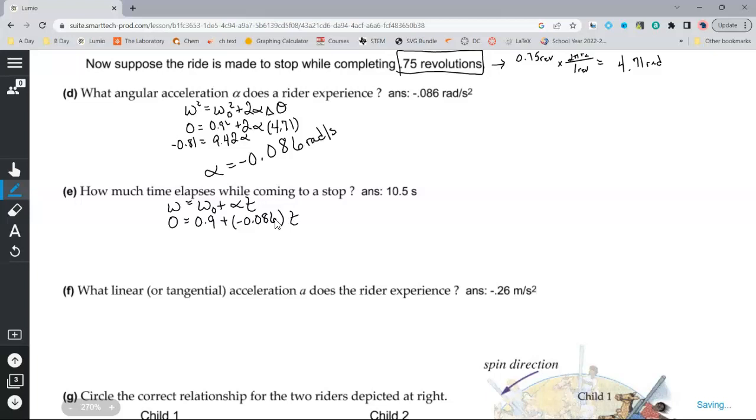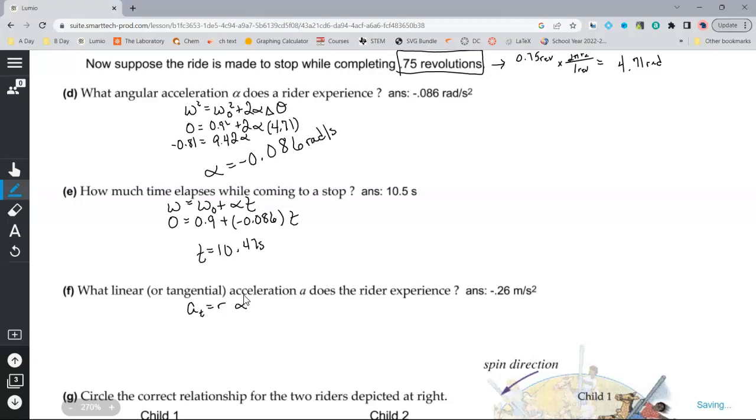So 0.9 divided by my acceleration gives 10.47 seconds, which would round to 10.5 seconds. If we want to know the tangential acceleration, it is the radius times alpha.